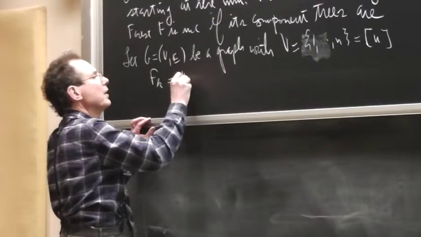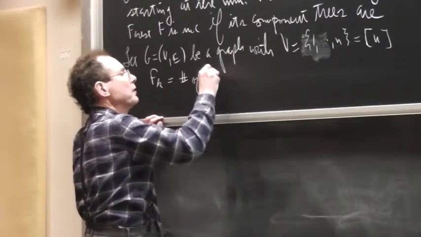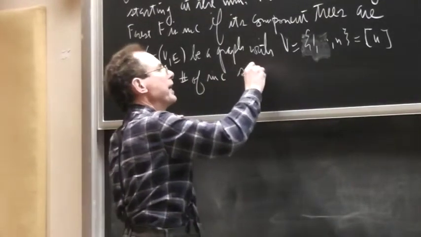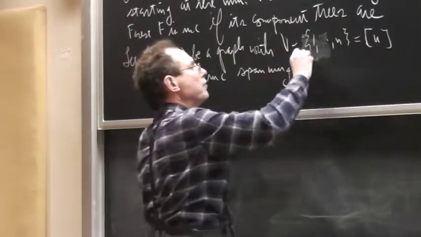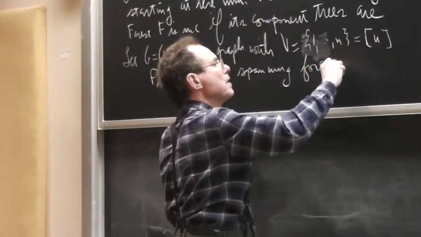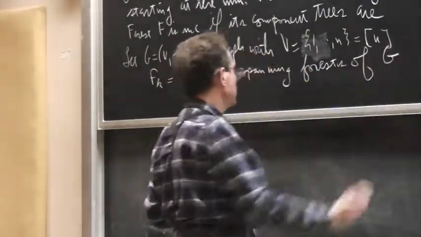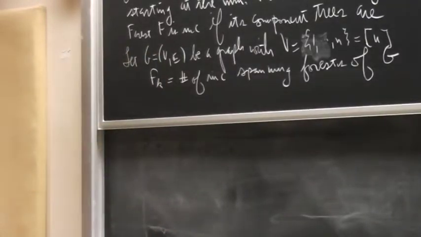To be the number of increasing spanning forests of G. Okay. So spanning, remember, just means I'm using every single vertex of G, but only some of the edges. And I'm insisting that the edges that I use form an increasing forest.